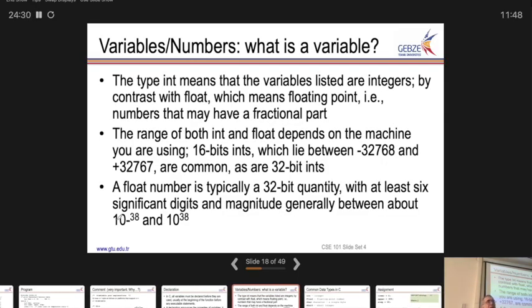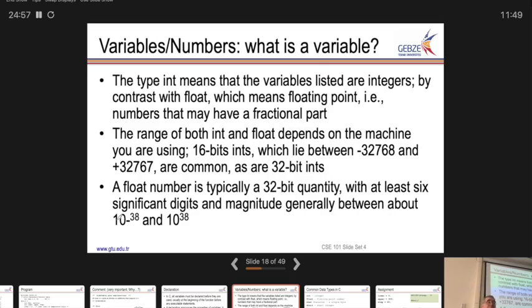So what's a variable? Variable means a memory location that can be changed. Type int means that the variables listed are integers. By contrast with float, that means floating point. Numbers may have a fractional part. The range of both integer and float depends on the architecture: 16-bit, sometimes 32-bit, sometimes 64-bit.